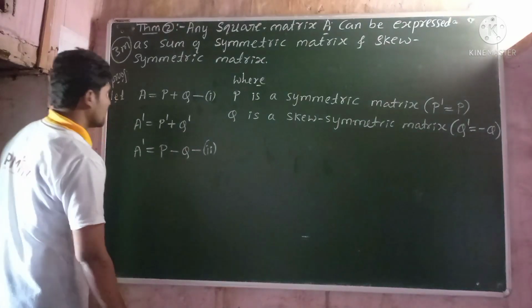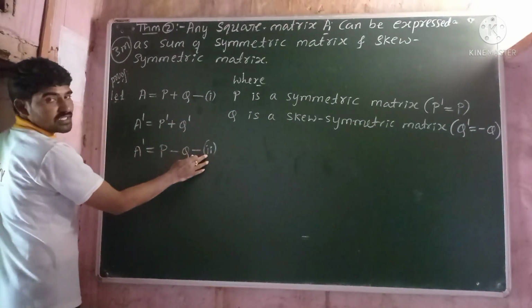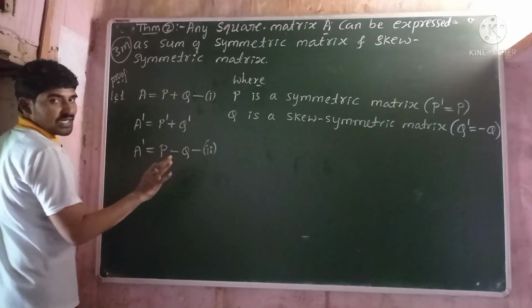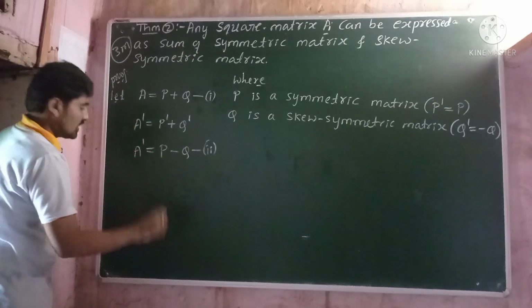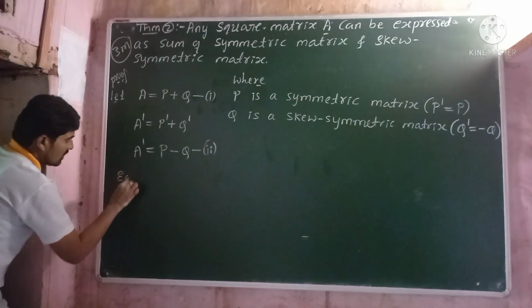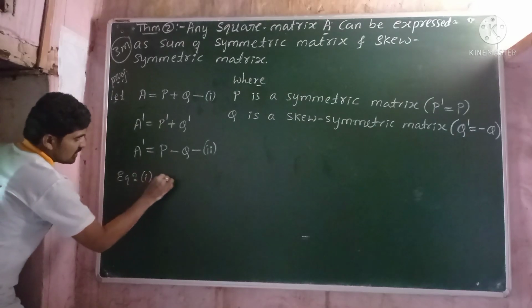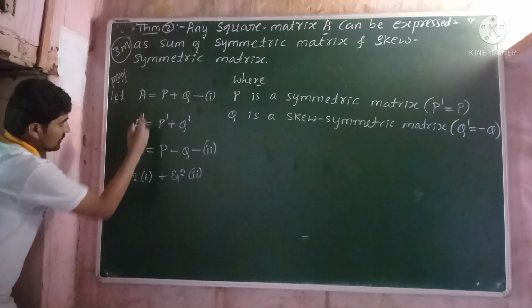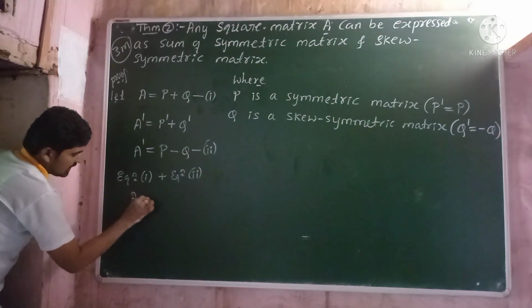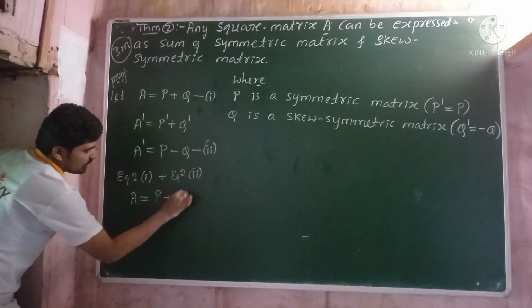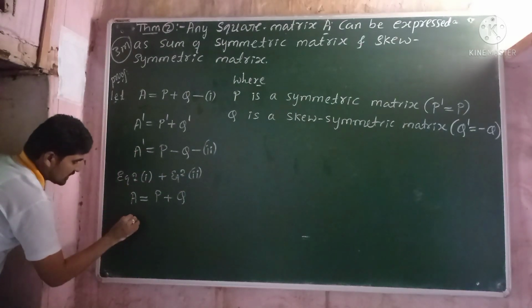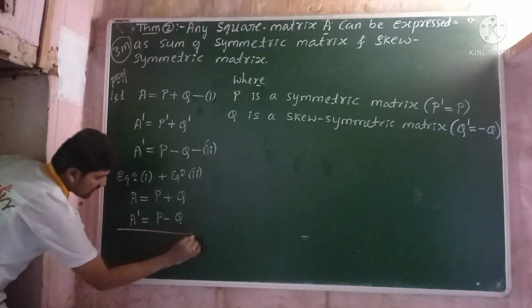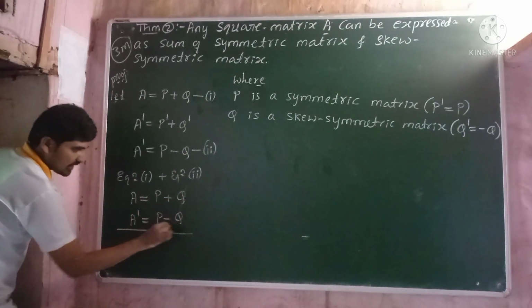So for that, add equation 1 and equation 2. Why? Because if I add equation 1 and equation 2, Q minus Q get cancelled. Directly we get the matrix P. So what is the next step? Equation 1 plus equation 2. Equation 1 implies A is equals to P plus Q, and equation 2 implies A dash is equals to P minus Q. So plus Q minus Q get cancelled.